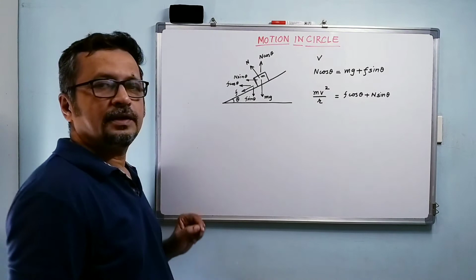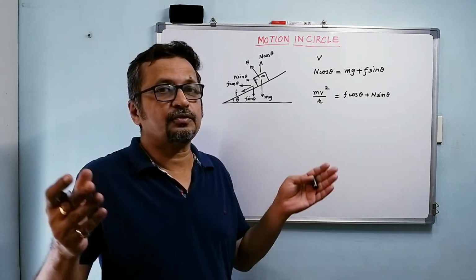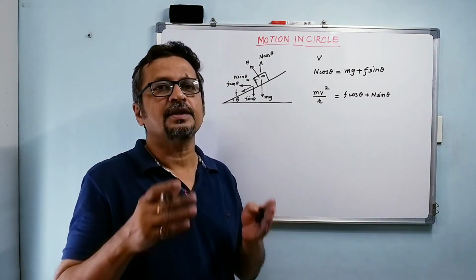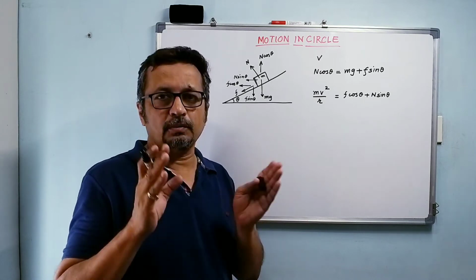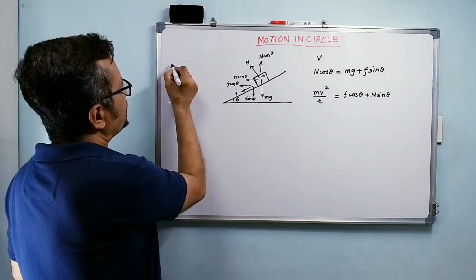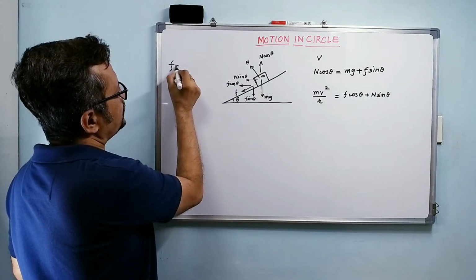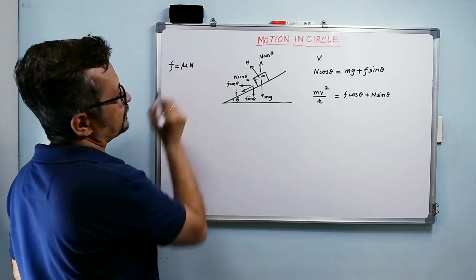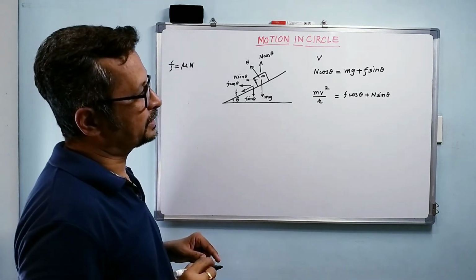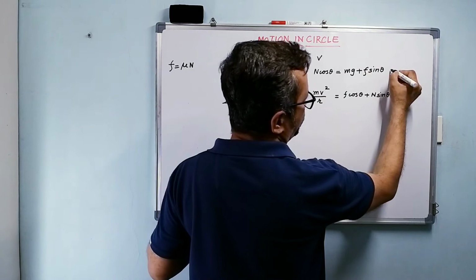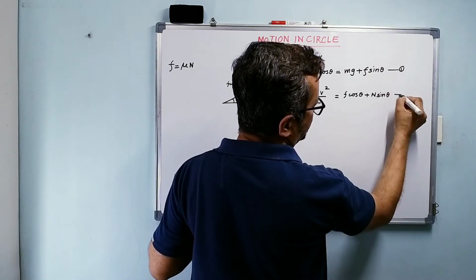Correct. Now, what is the force of friction? Force of friction is mu times normal reaction. I am going to write it down here: F is equal to mu times N. Correct. So now equation 1 and equation 2.